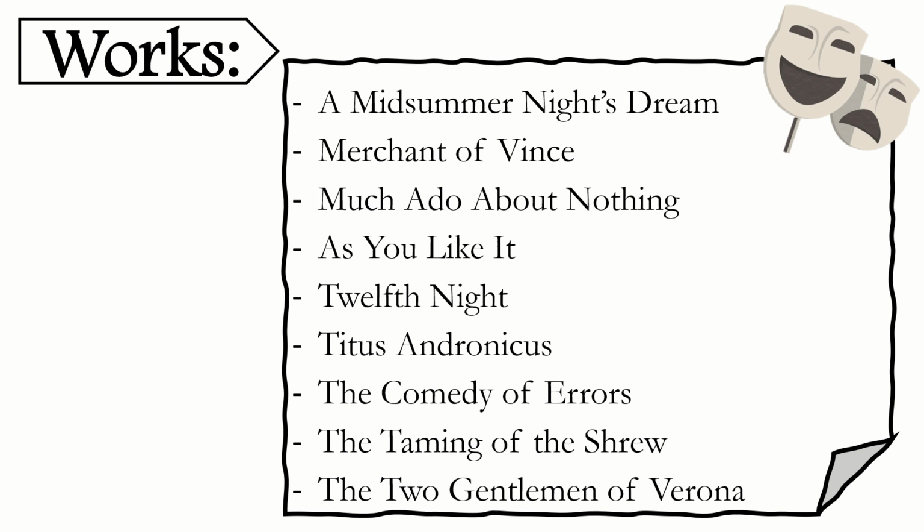Here are some of the comedies that William Shakespeare wrote during his early period: A Midsummer Night's Dream, Merchant of Venice, Much Ado About Nothing, As You Like It, Twelfth Night, Titus Andronicus, The Comedy of Errors, The Taming of the Shrew, The Two Gentlemen of Verona.